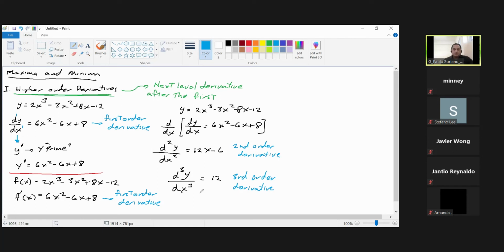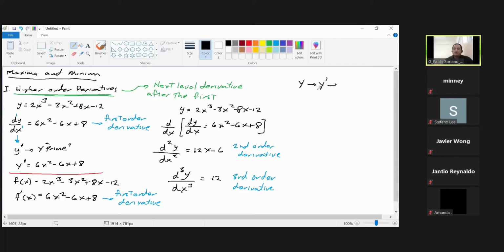Now, it's bulky to keep on writing like this: dy dx, d squared y dx squared, d cubed y. So we can shorten our notation by using this or this. Let's say y. That means this is going to be y prime.